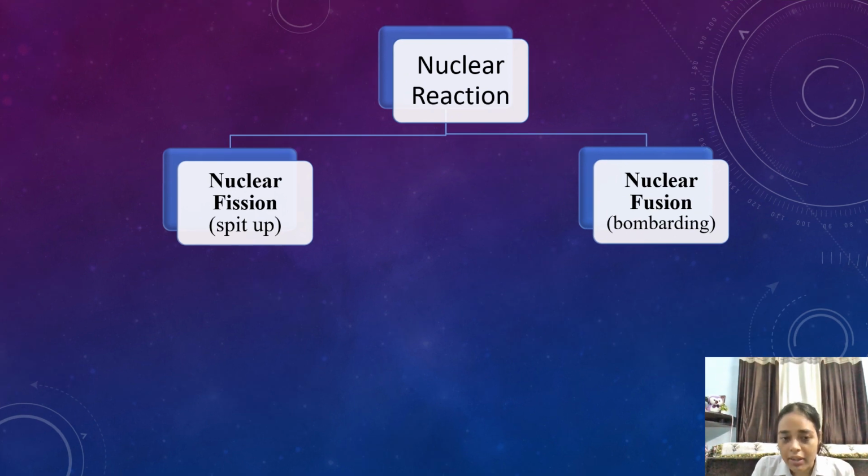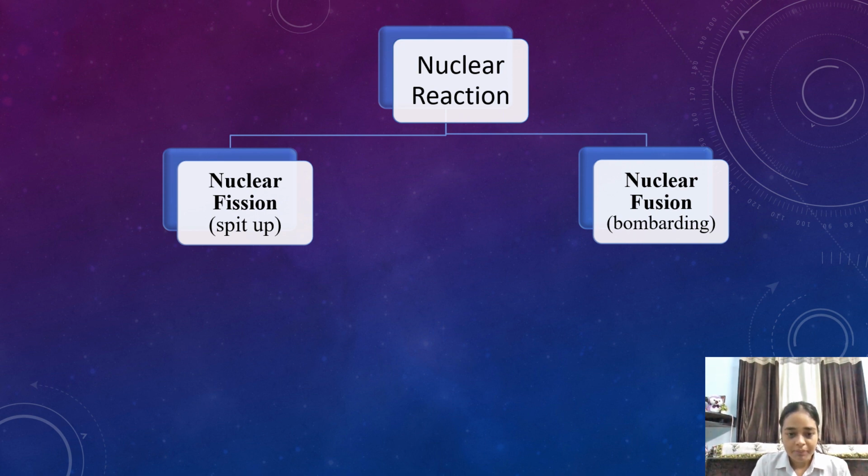So nuclear reaction is of two types, as you can see here: nuclear fission and nuclear fusion. I'll give you some points on how they differ from each other, but we'll be more focused on nuclear fission. Fission itself says split up. How is it splitting up?